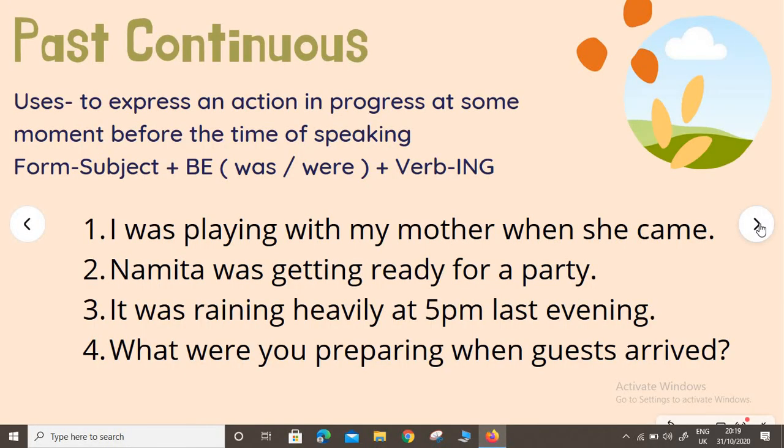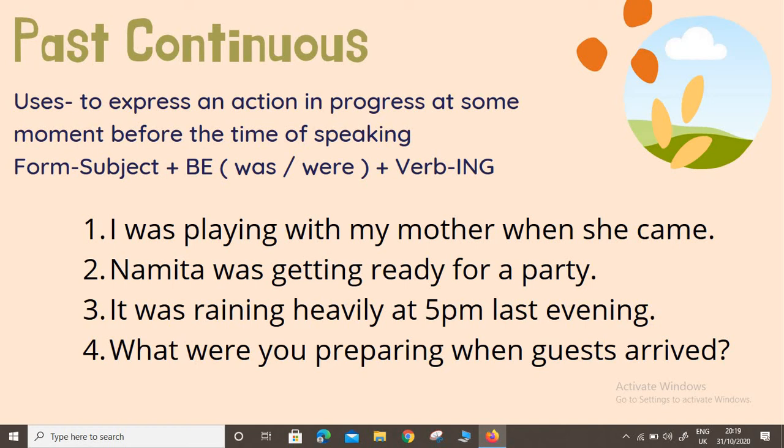Now let us go to the next slide for past continuous tense. Past continuous tense is used to express an action in progress at some moment before the time of speaking. That means past continuous tense denotes an action going on in the past.